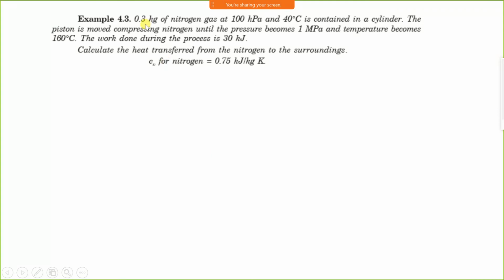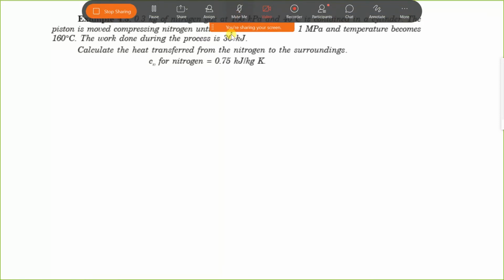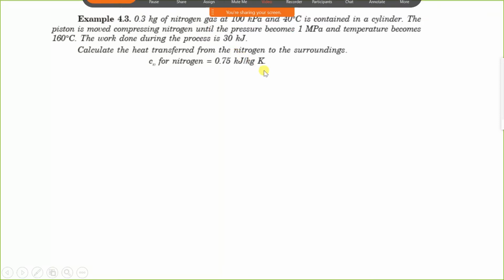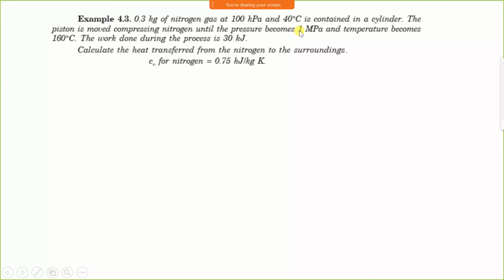A 0.3 kg of nitrogen gas at 100 kilopascal and 40 degrees Celsius. Mass of nitrogen is 0.3 kg, pressure of nitrogen is 100 kilopascal and temperature of nitrogen is 40 degrees Celsius, contained in a cylinder.